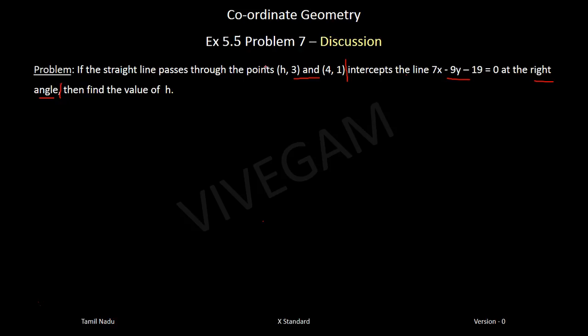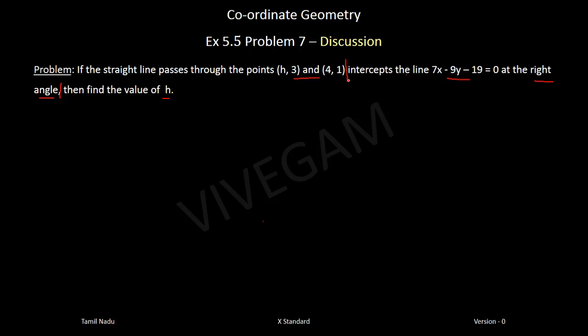Here they say the line passes through these two points. Then they say it intercepts this line at right angles. Then we are asked to find the value of h. So please learn that technique of breaking the problem into parts and understanding it clearly. That is the divide and rule policy.